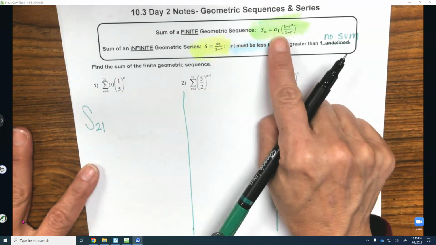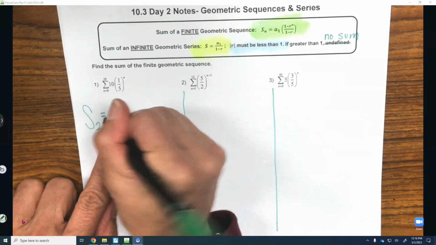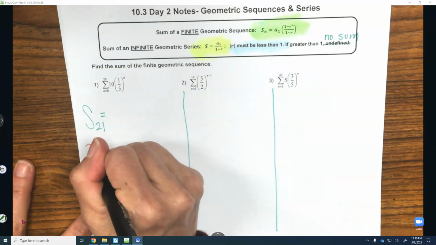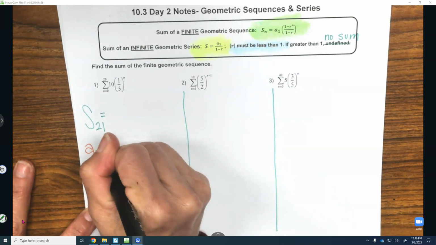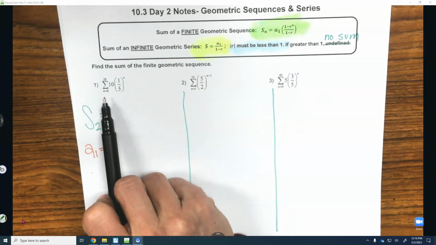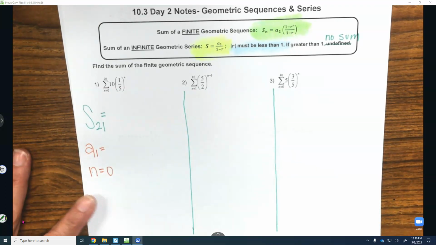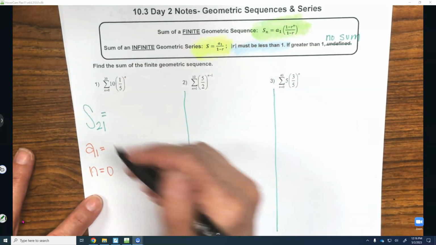All right. So notice this is going to be equal to a sub 1. I don't know a sub 1. Let's find out what it is. To find a sub 1, remember the bottom of the sigma notation is where it starts. So n is going to equal 0. So we're going to plug in 0 up here.